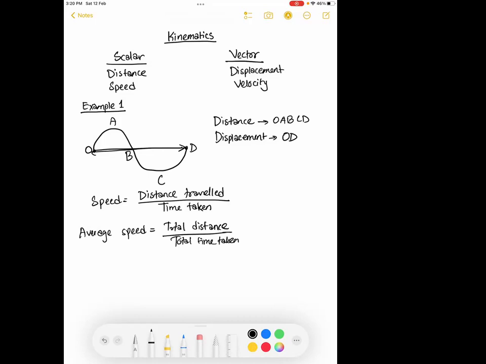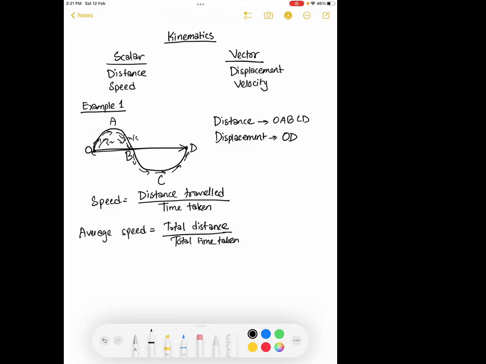Now, if the car is traveling through this pathway using the same speed, then obviously these two equations are the same. But if the car is traveling, right here it's like 5 meters per second, but then here it's 6 meters per second.